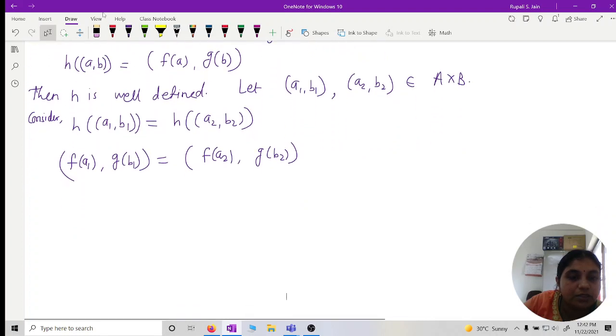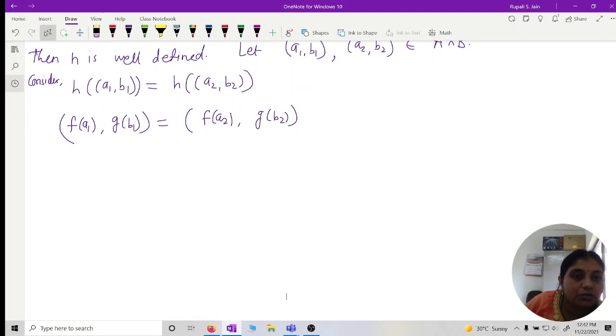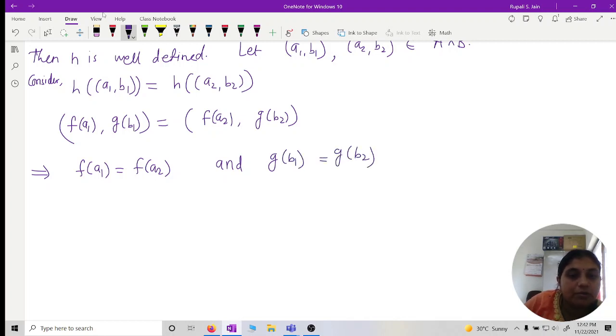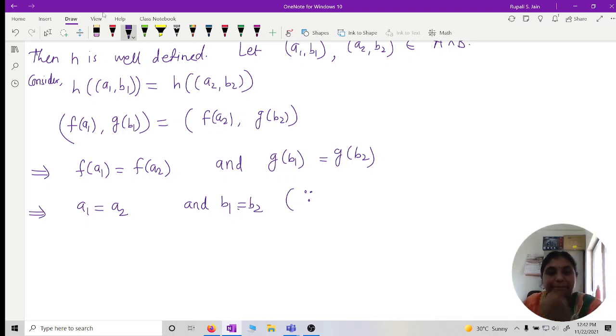By definition of H, two ordered pairs are the same if and only if they are coordinate-wise the same. So f of a1 equals f of a2 and g of b1 equals g of b2, and this implies a1 equals a2 and b1 equals b2. Why? Because f is one-one and g is also one-one.